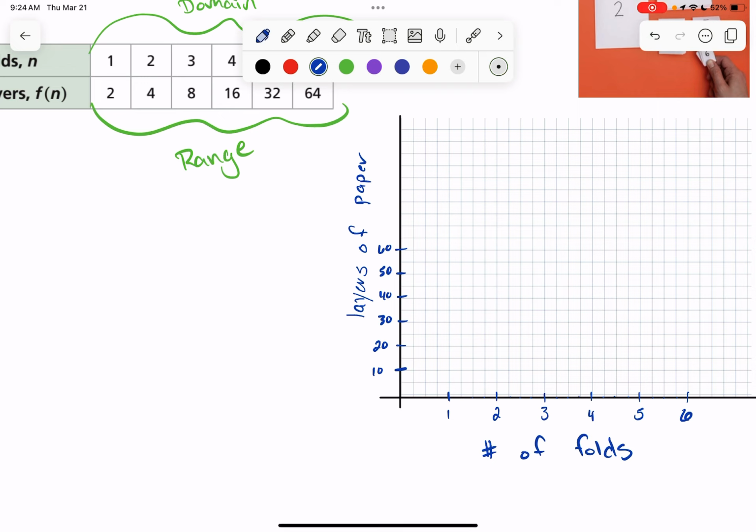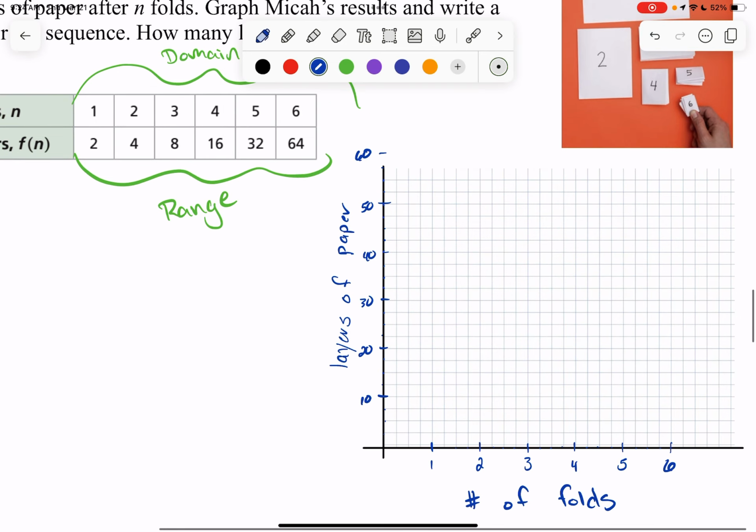Because we only need to go up to 64, let's back it up. If that's 10, will that work? 20, 30, 40, 50, 60 will be up there. We'll make it work. This is why sometimes graph paper is a little better, a whole sheet of graph paper.